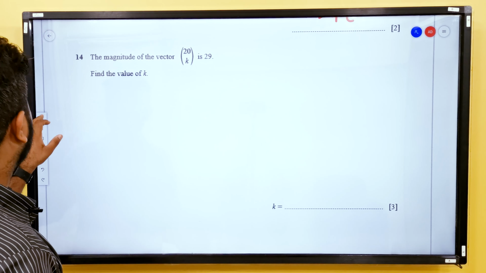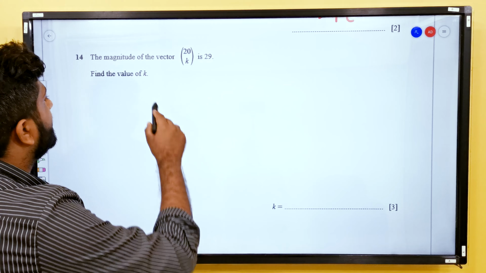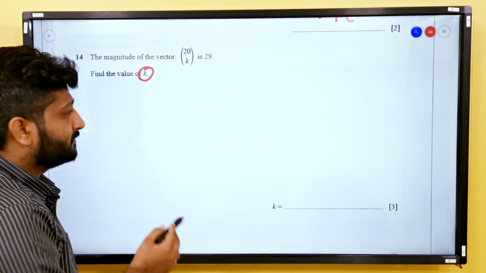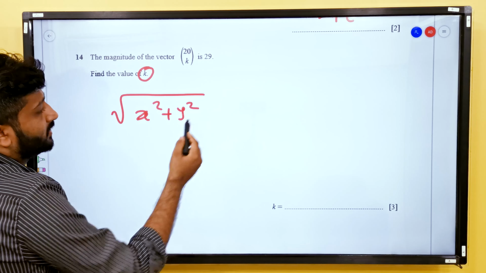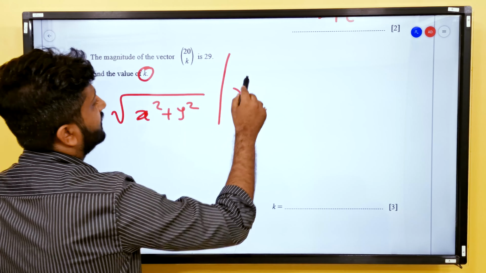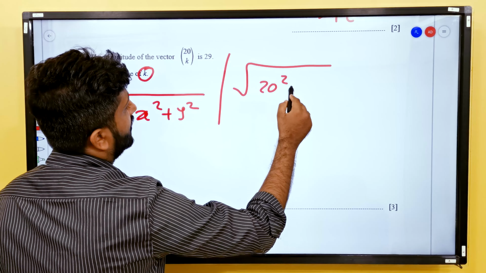The magnitude of a vector (20, k) is 29. Find the value of k. Magnitude is nothing but under root x square plus y square. So we have been given that under root x square plus y square is 29. Let us remove this square root from here, so we will take the square on both sides.